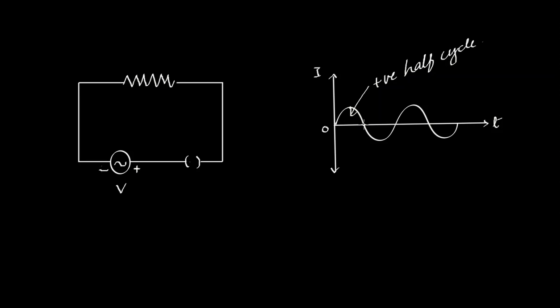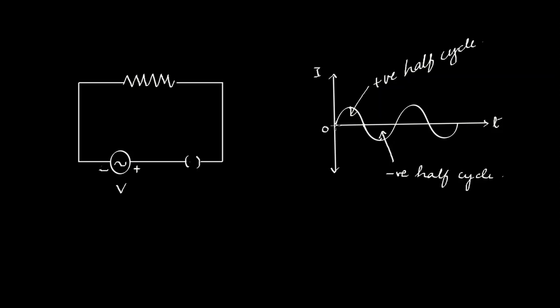And then in the negative half cycle, from zero it increases until it becomes maximum at this point. Again it decreases until it becomes zero. This is the negative half cycle. Got it? So one cycle is from here till there. So this is the positive half cycle, and this is the negative half cycle.